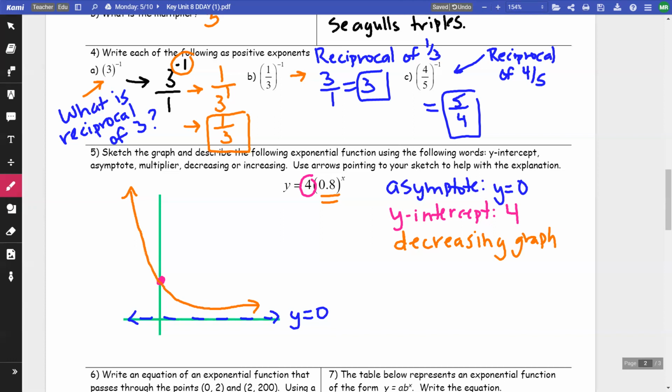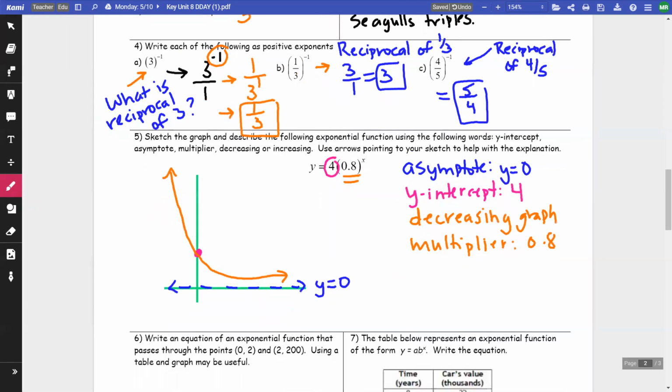They also ask us for the multiplier, and the multiplier is 0.8. Okay, so we did the y-intercept, the asymptote, the multiplier, and decreasing or increasing. So there's our graph and our parts.